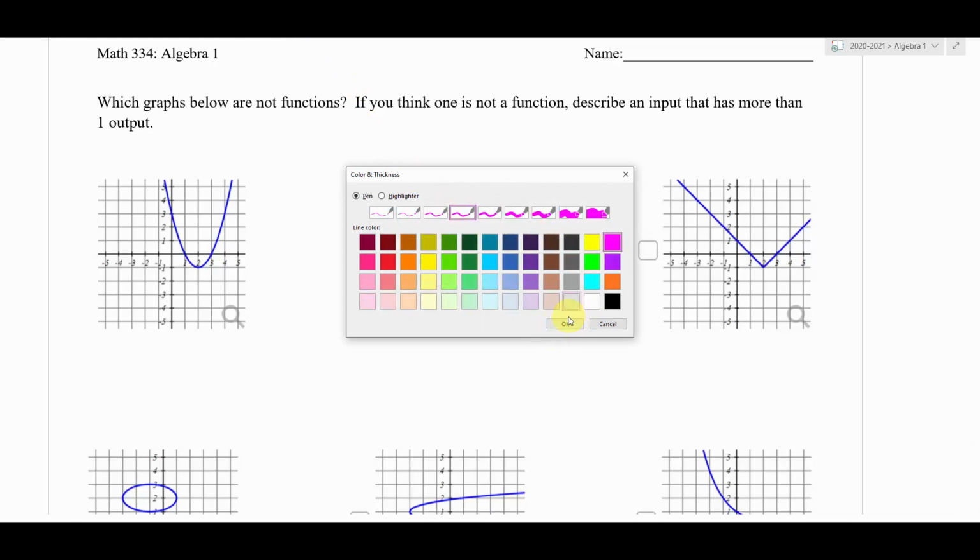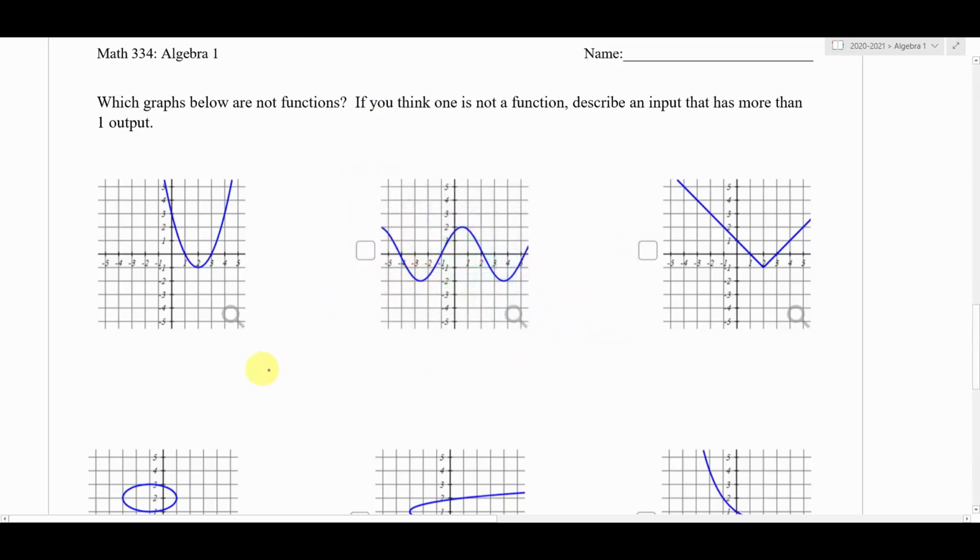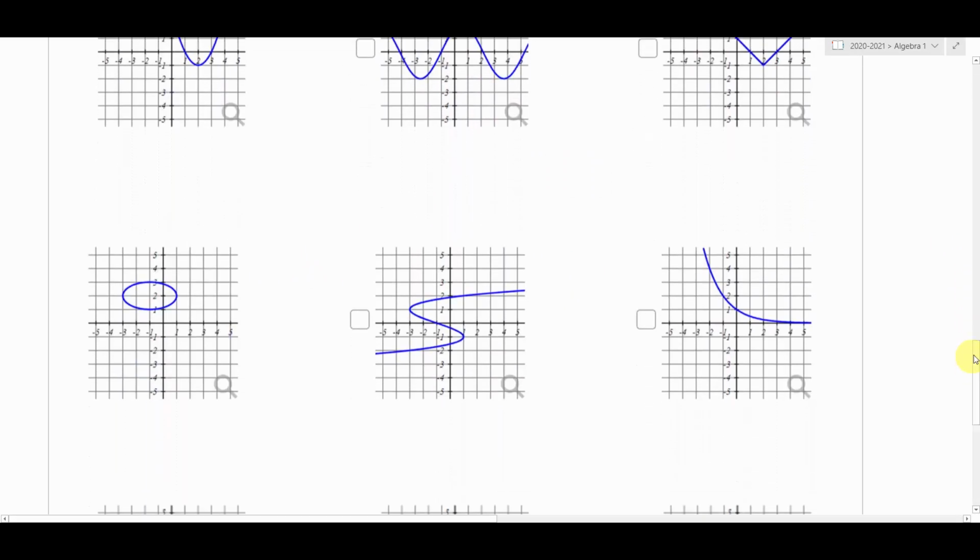So I'm going to go to one that I think is not a function. I'm just scanning these graphs. I think this one is not a function. Here's why. If I go to an input of -1, so I'm going to say x equals -1, then f of x equals, well, let's see.